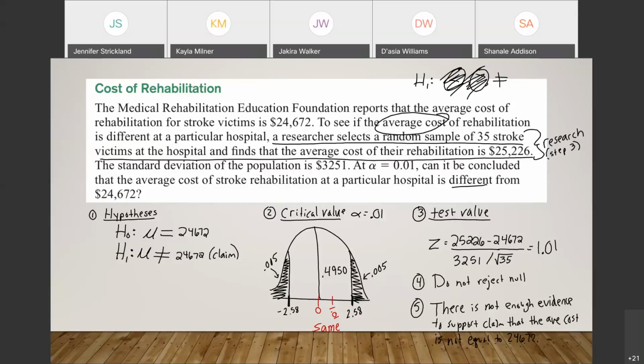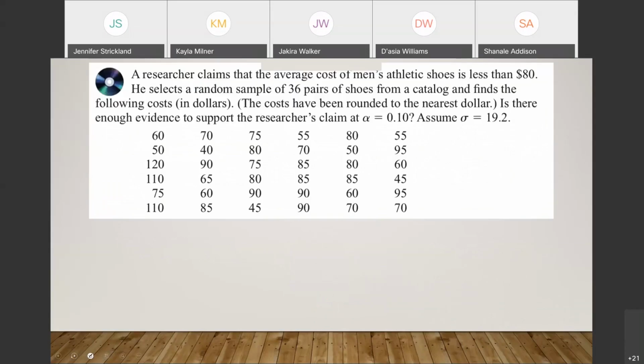Okay, we just have a couple of minutes, so I don't really have time to work a completely separate problem with you, but I want you to see this one because you're going to see some of these in your homework where they're giving you the numbers and making you do some calculations. The only thing you're missing on this problem is the mean of these numbers.